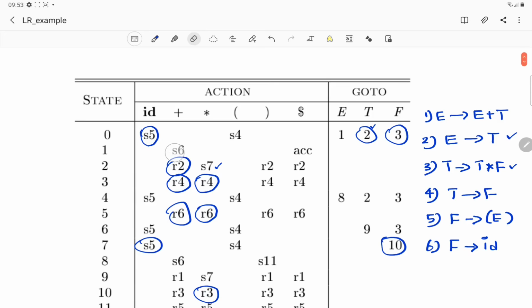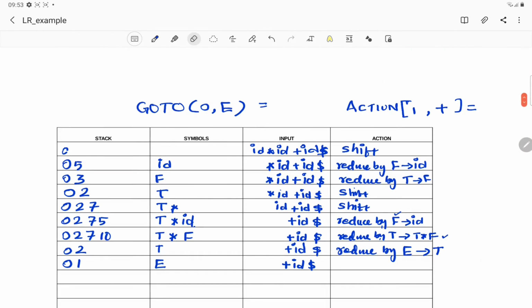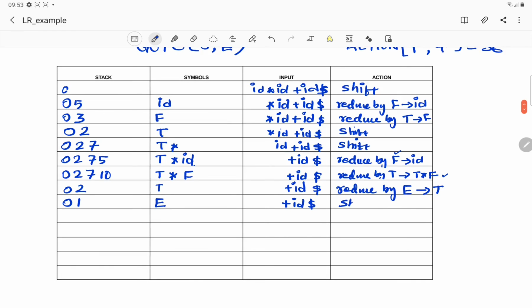It is S6, the corresponding entry of our parsing table. S6 means shift 6. So then shift: 0 1 6, E plus, input will be id dollar.